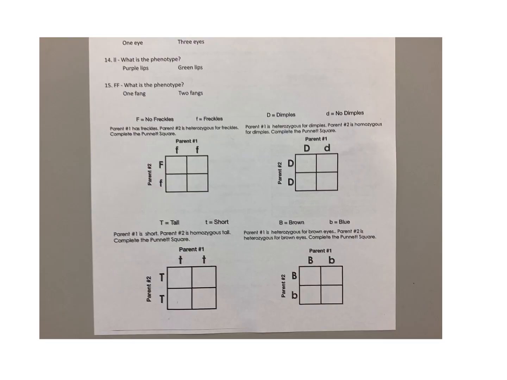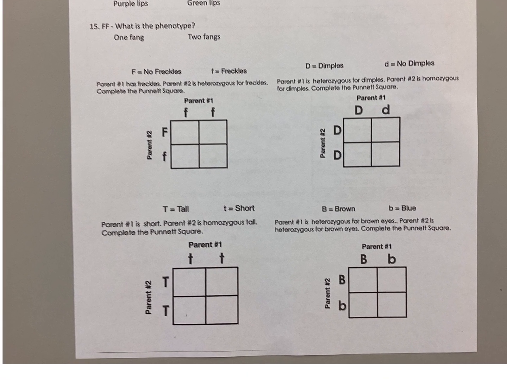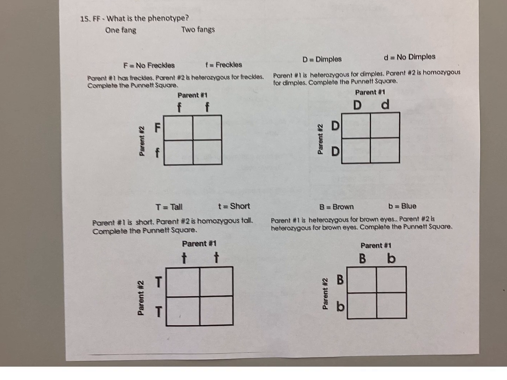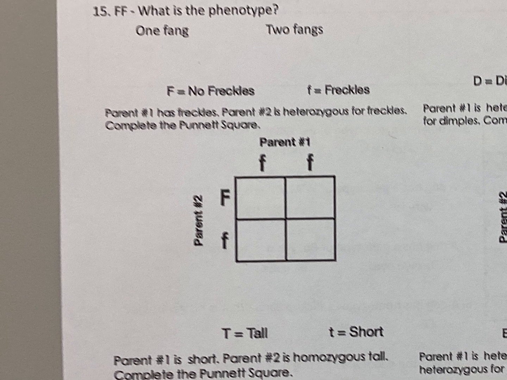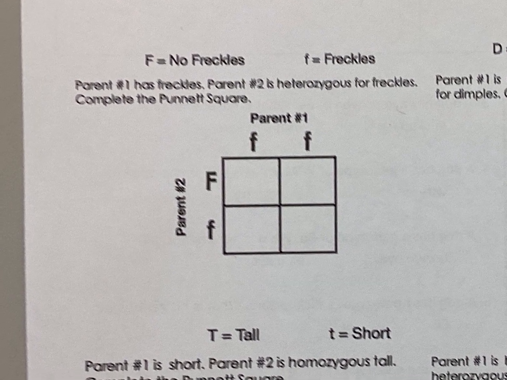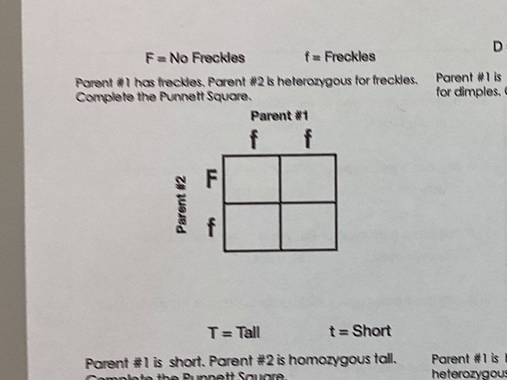Okay. Lastly, these are Punnett squares, and we're going to be working these a lot more tomorrow. So I'll show you how to do them here. These are 2x2 Punnett squares, and they're the most common. Now it says parent number 1 has freckles, which is this parent right here.